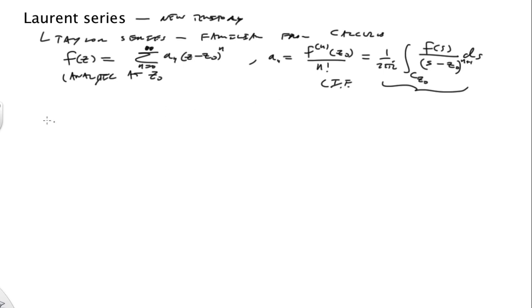But it's worth stopping for a second to go over what this is. Remember that f is analytic, which means that f is u plus iv. These are harmonic functions.